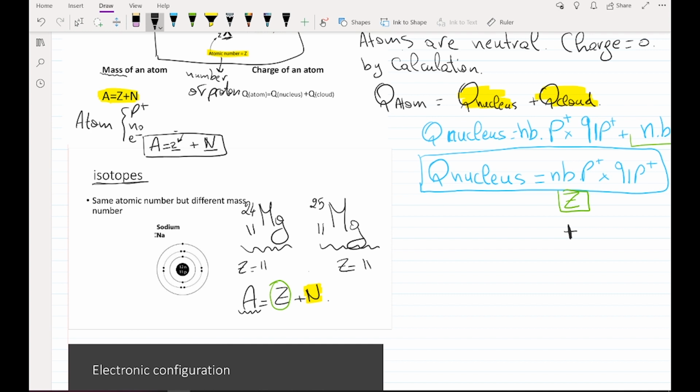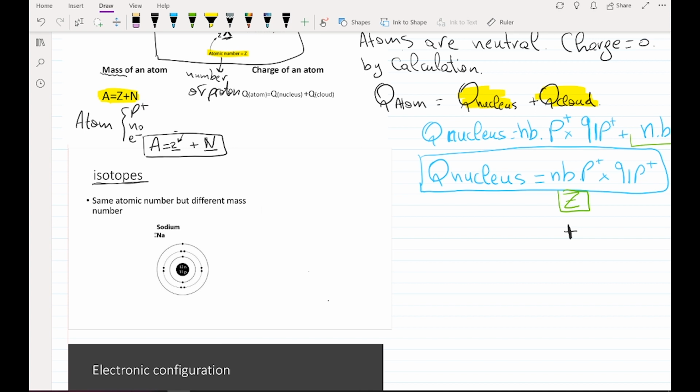Other example اللي ماخدينه هون for sodium ion or sodium atom.